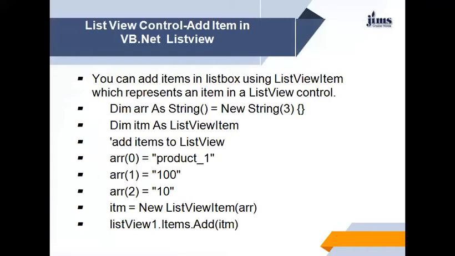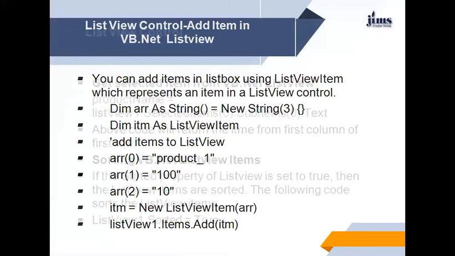Now Dim item as ListViewItem, add items to list view. arr(0) is the first item, arr(1) is the second, and arr(2) is the third. item equals new ListViewItem(arr). ListView1.Items.Add(item), with this we will add the element.